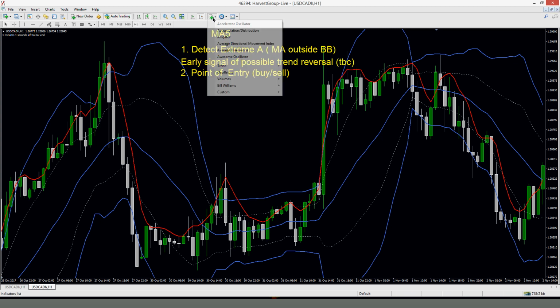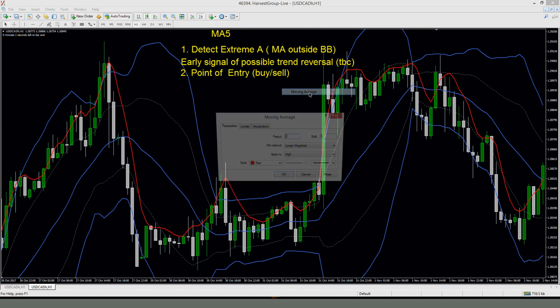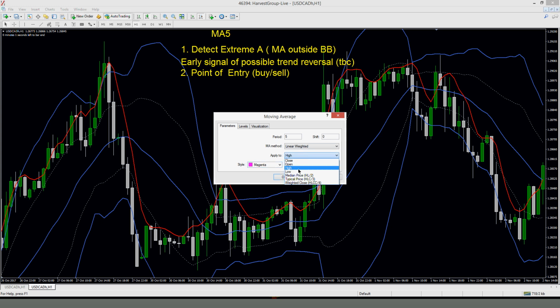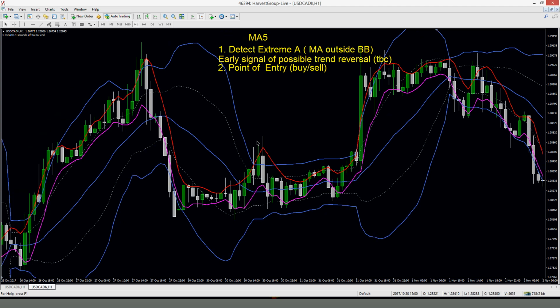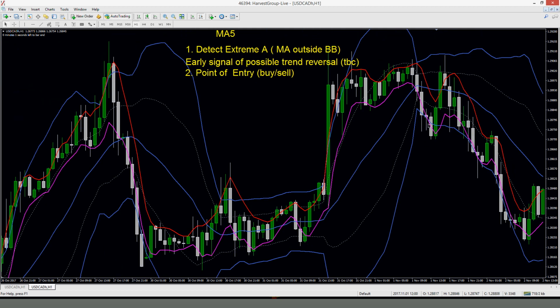Okay, so let me just add in moving average 5 low to see there's a buy setup over here. Okay, so as you can see here, there's also MA5 low outside of the Bollinger Band over there.